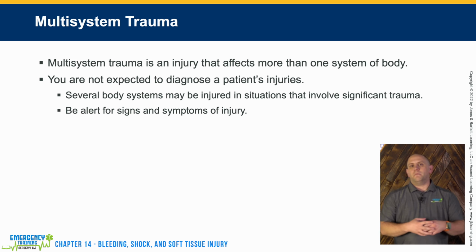Because most of our injuries do actually include multiple body systems, it's important that we are able to look at the patient as a whole, understand which systems have been affected, and how it may progress based on each of those systems that have been injured.